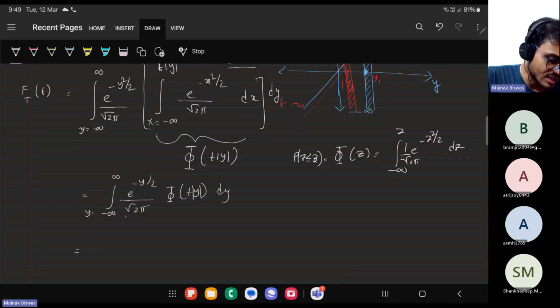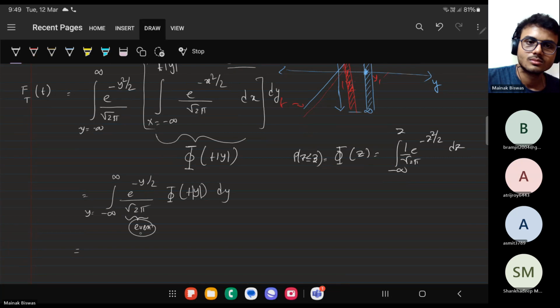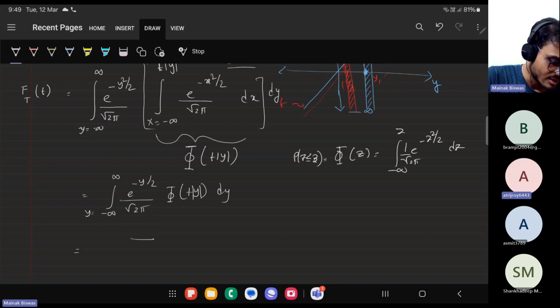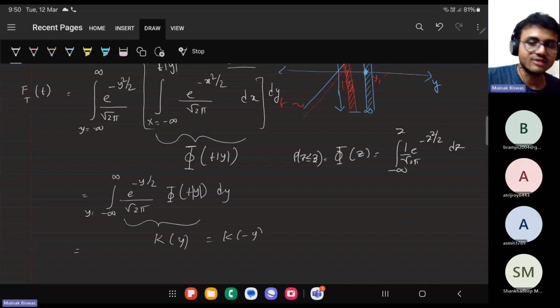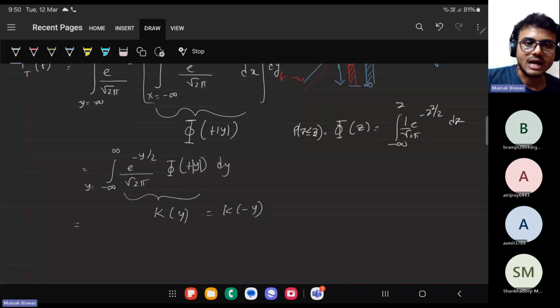Do you see that this is an even function? Yes or no? If you write this as some k, k of y is the same as k of minus y. So it's an even function. As soon as I get this even function, I will be very happy.